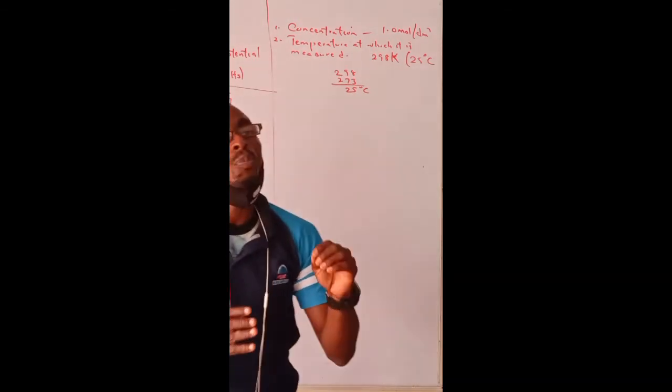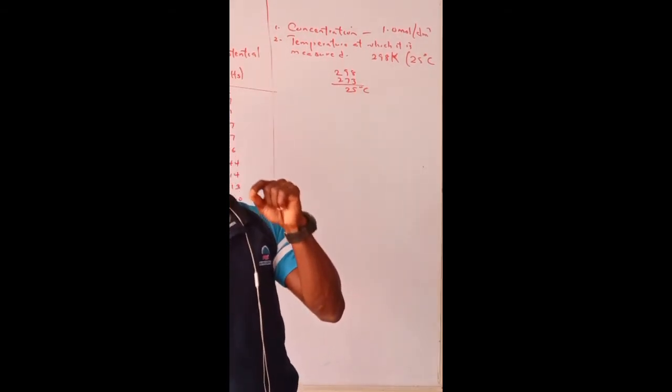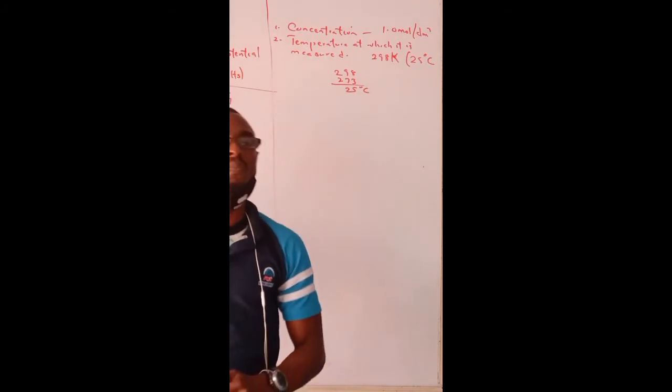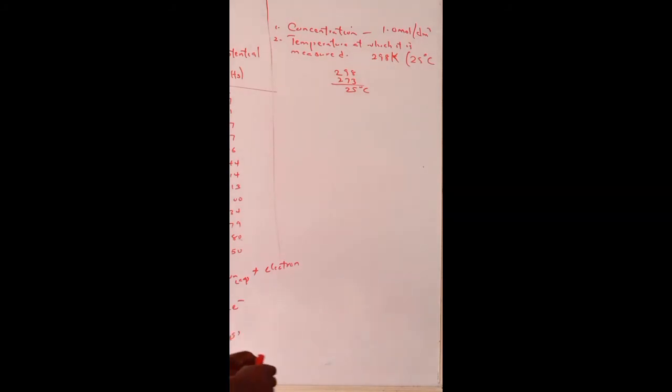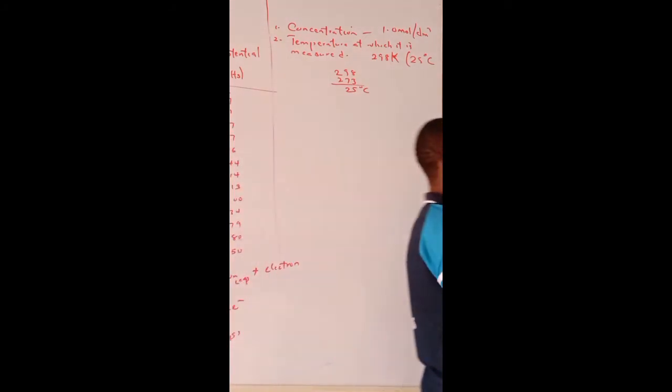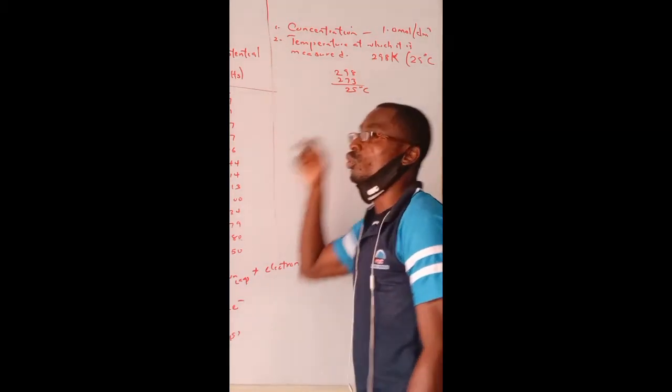So what's electrode potential? Electrode potential is the potential difference of a metal in a solution of its ion, at a concentration of 1 mole per dm³ and at a temperature of 298 Kelvin.